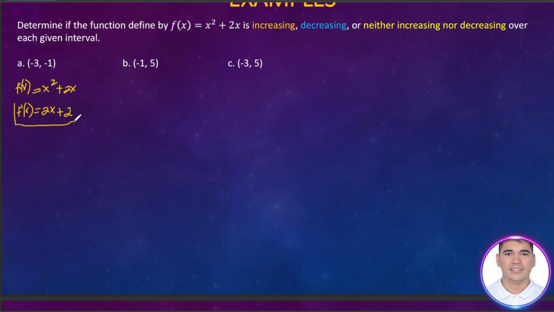So, this one, sa substitute natin, yung value ng x must be an element of the open interval. So, in the first one, we have open interval negative 3 and negative 1. So, we may assign x is equal to negative 2, since negative 2 is an element of open interval negative 3 and negative 1. So, substitute lang.